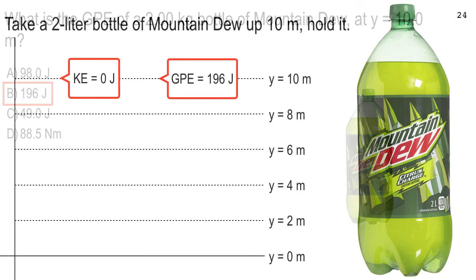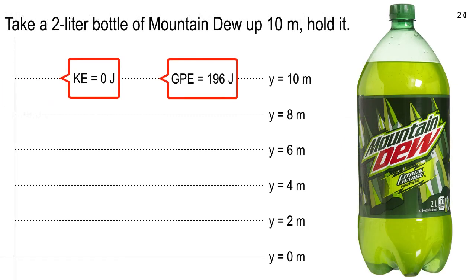All right, so go ahead to your table and label this one in there. Question: why is the answer positive versus negative? The equation is minus mg delta y. Your delta y is from ground level up to 10 meters, so that's a positive.